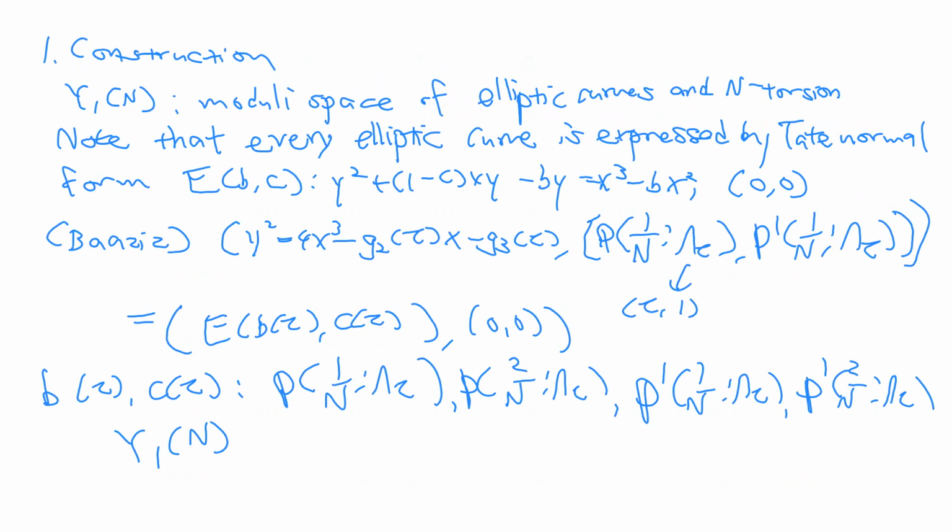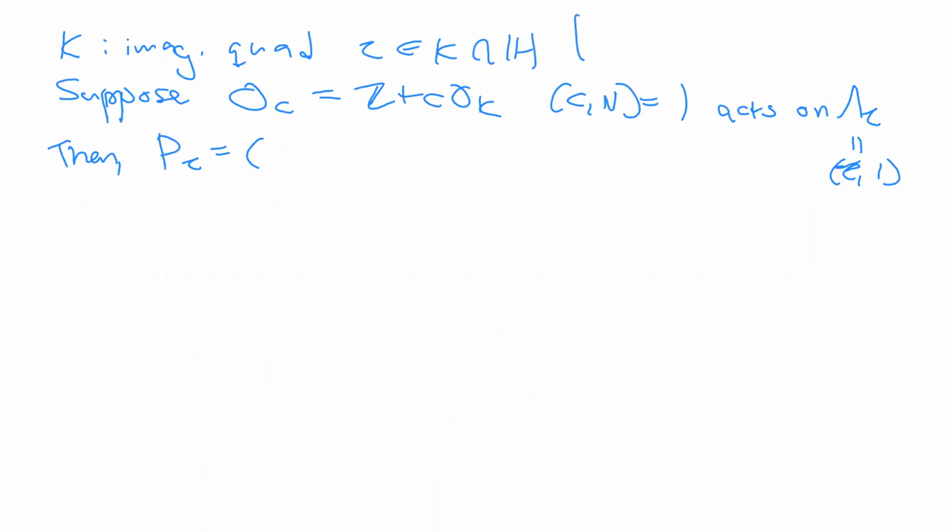So this indicates that all the points of Y1(n) are given by the pairs B of tau and C of tau. Let me just write it in this corner.